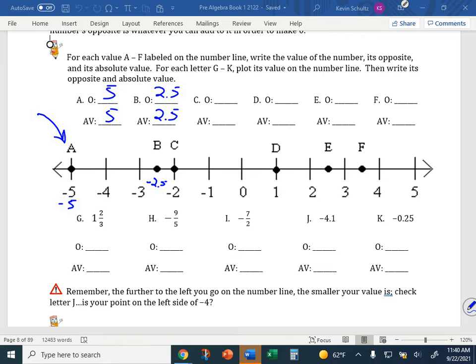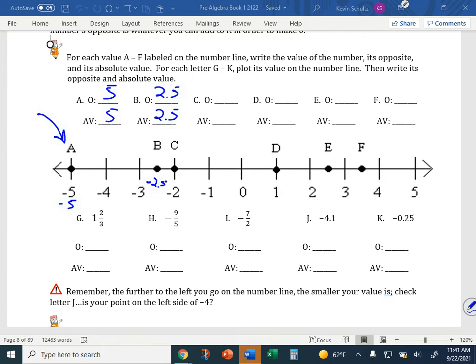So letter G, describe for me where on the number line that's going to be. Where am I going to plot letter G? Carter. Sorry? On 4? The value of G is 1 2/3. Oh. So it's not going to be all the way out to 4.